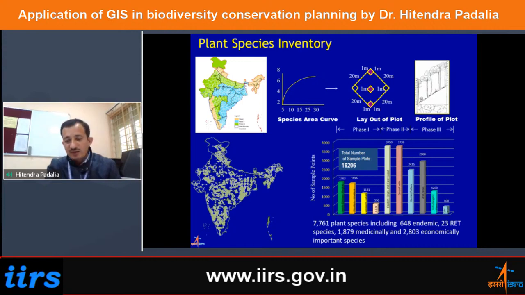You can prepare a database for different components of biodiversity, whether trees, herbs, shrubs, climbers, even lower forms of plants or animals, and also a detailed database on their level of conservation status. Then you can link this data with the detailed vegetation type map which you prepared in the first step.